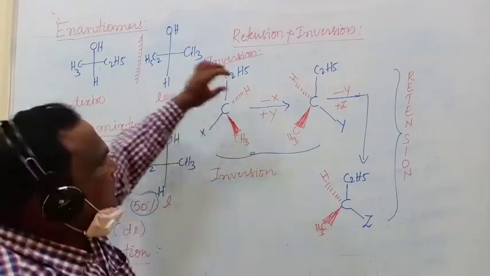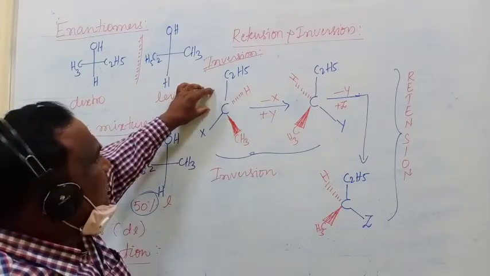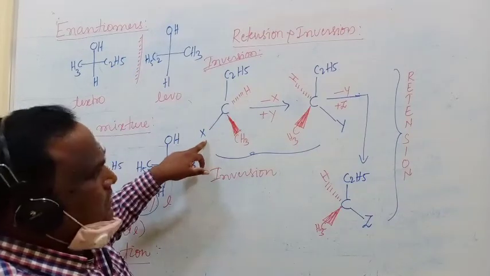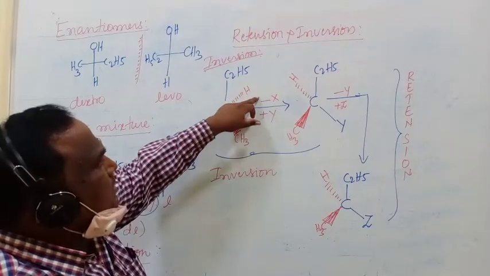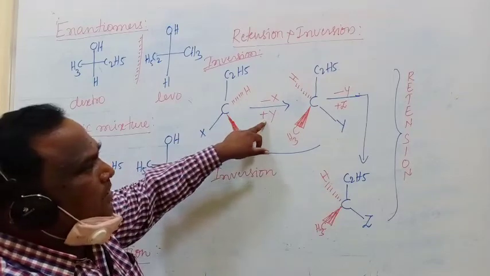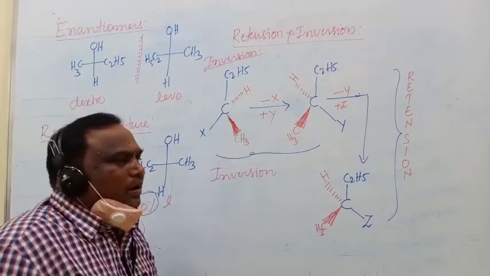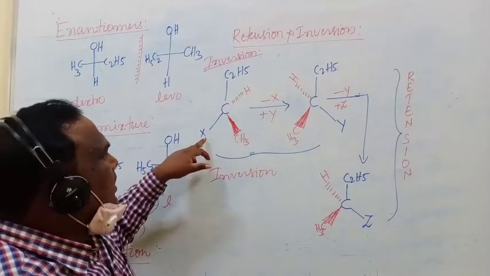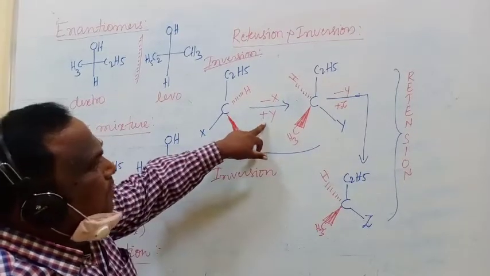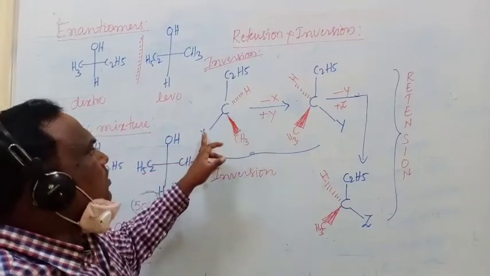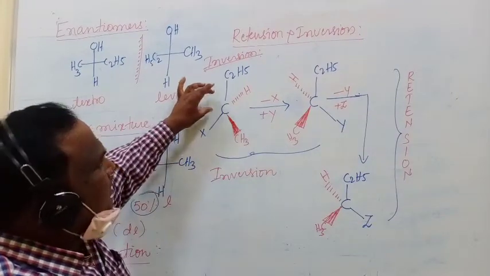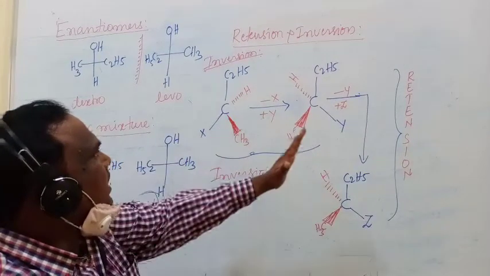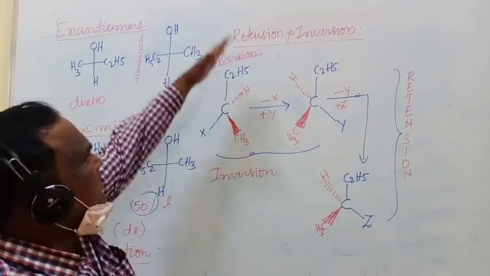Let us take this example of this reaction. This one has ethyl, methyl, hydrogen and X. Here X is replaced with Y. This is some nucleophilic substitution reaction: X nucleophile is substituted by Y nucleophile. This is the configuration of the reactant. Here hydrogen is at the front, methyl is on this side, and C2H5 is above.